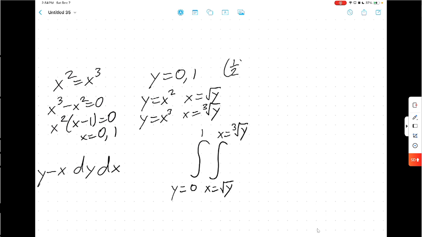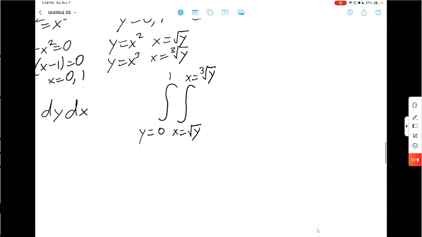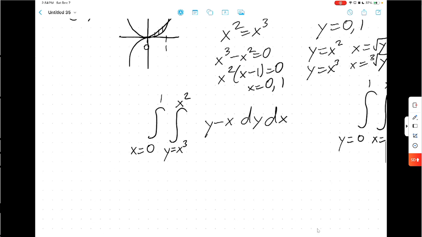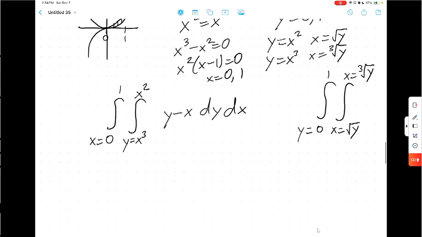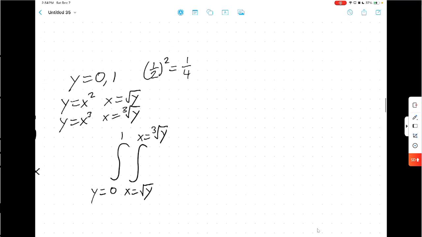Type 1 is x first or y first? Type 1, I think, is going to be the x first, and then type 2 is the y first. So we have the type 2 version here. This is way easier. And then the type 1 version, I am just going to plug in a point for this.